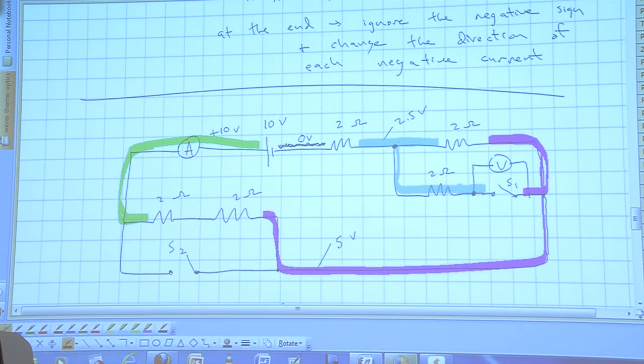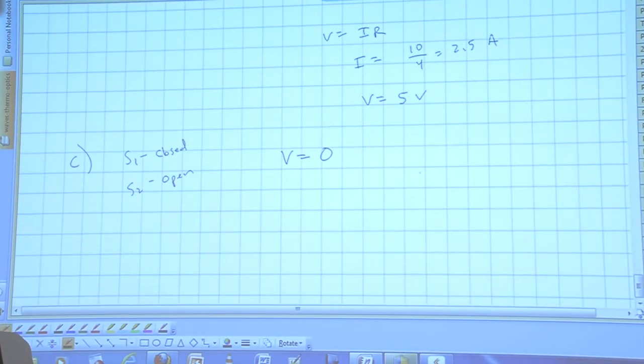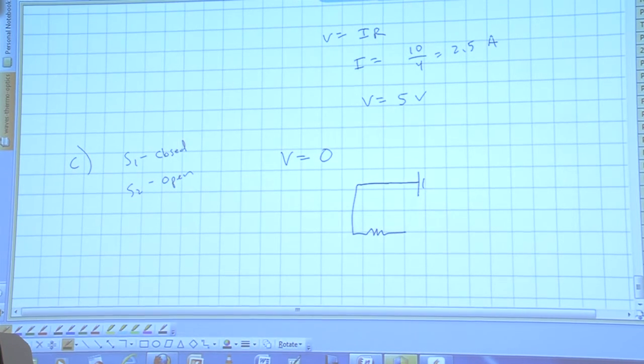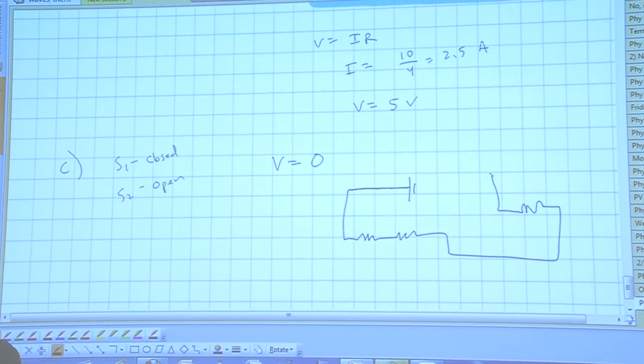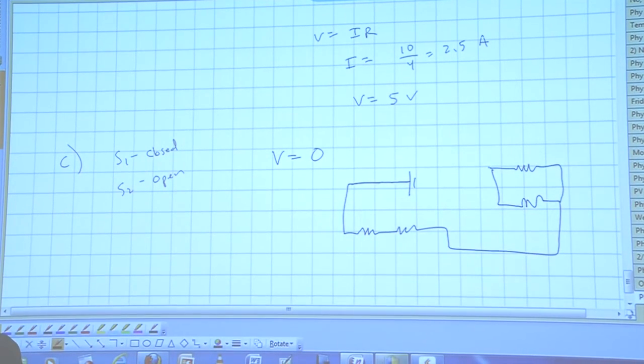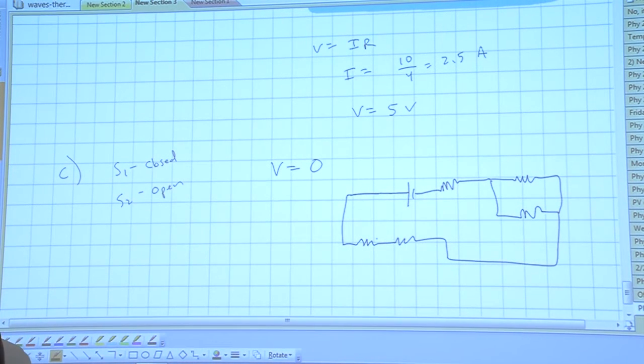But the current can go through this other resistor now. When we close S1, the current can go through both of those resistors. We have 2 resistors in parallel, so the circuit looks something like this. So these two are in parallel.